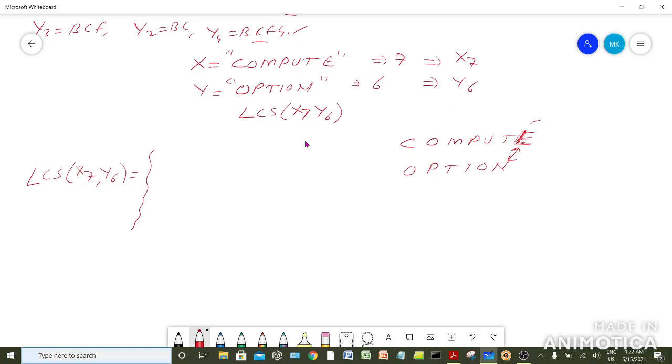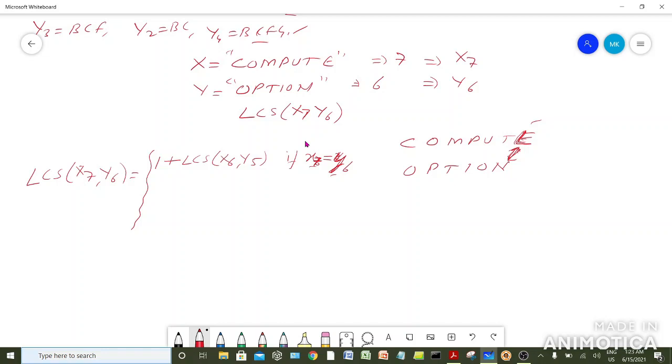What it says is that the length of the LCS here will be equal to 1 plus the length of the LCS of X6 and Y5, if x7 was equal to y6, where small x and small y are the values of the elements. So if these two letters are the same, then we are sure that one letter is matched, or there is a match upon the last letter of both the sequences.